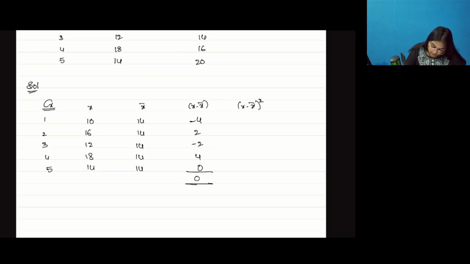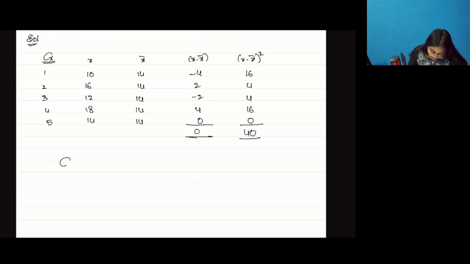Now squares: 16, 4, 4, 16, 0, total 40. Now sigma x square equals summation x minus x bar whole square divided by n, that is 40 divided by 5, equal to 8.